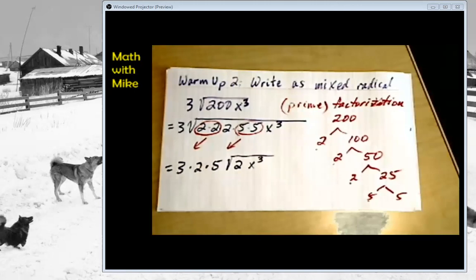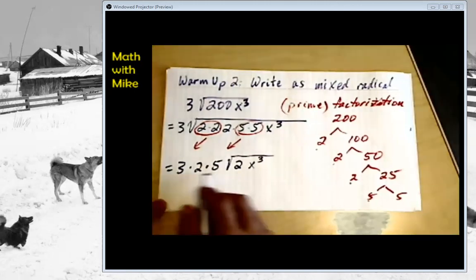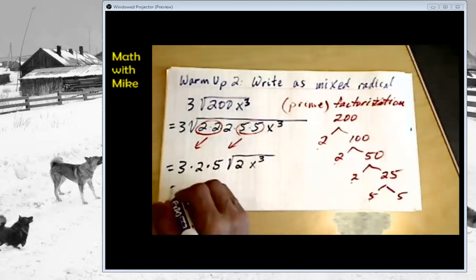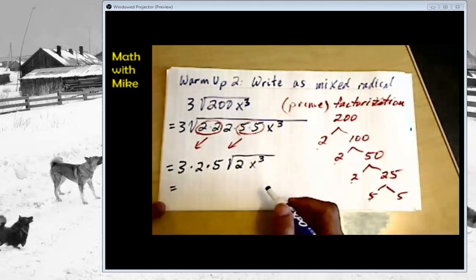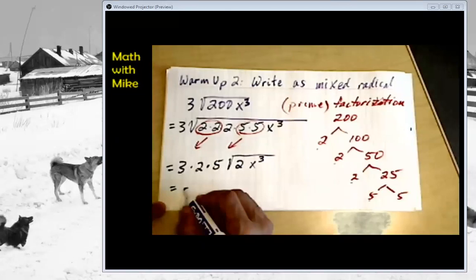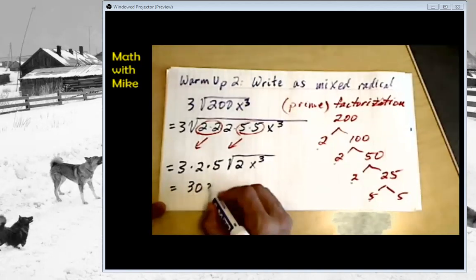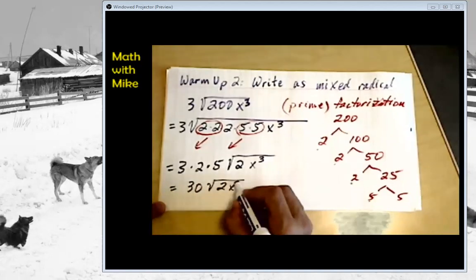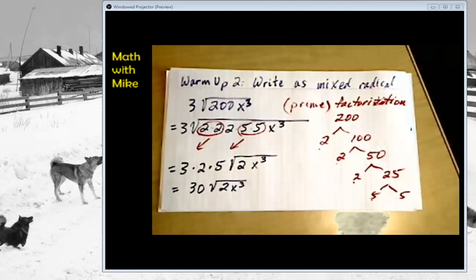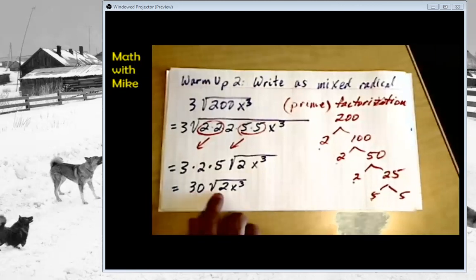So multiply them together. 3 times 2, 6. 6 times 5, 30. And then 2 and an x cubed on the inside. Not bad. The number is correct, 30 and then the root 2. What about this x cubed though?